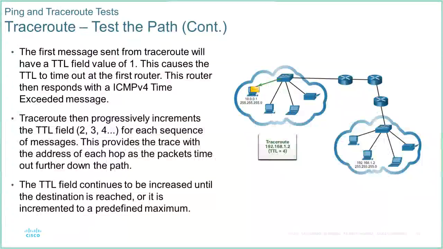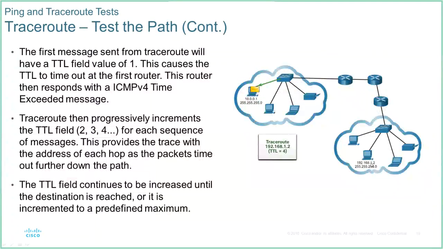So the traceroute command, as I said earlier, will use the time to live field to get information on each hop along its path. The first request will go out with 1. When the device picks it up, it decrements the time to live down to 0, says, okay, I've got to discard this, and sends a reply.